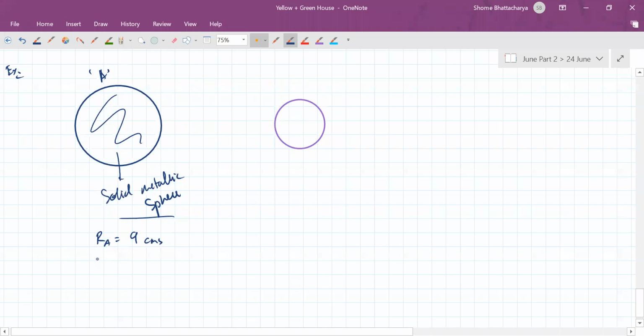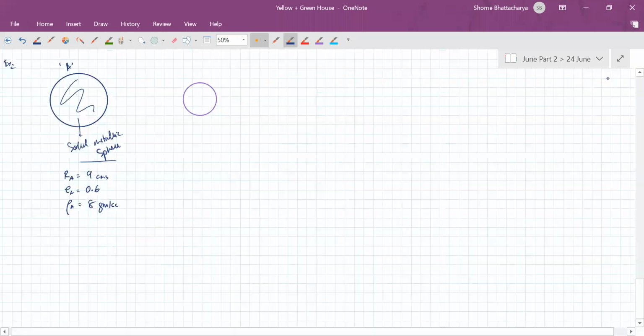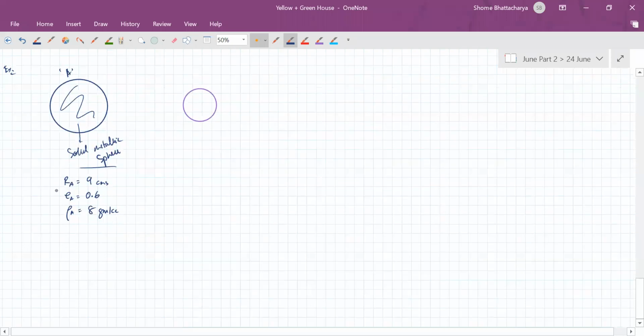It's made of metal which has emissivity equal to 0.6, density equal to 8 gram per cc, and surface temperature is maintained at 30 degrees. So the metal of sphere A has these particular properties.